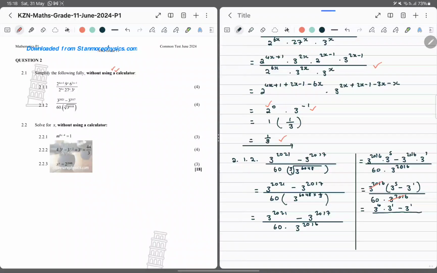Then, strategy guys, strategy. So this is over 60. So now we take 3 out. We're going to end up with 3 to the 4 all divided by 60. Now 3 goes once and goes 20 times.